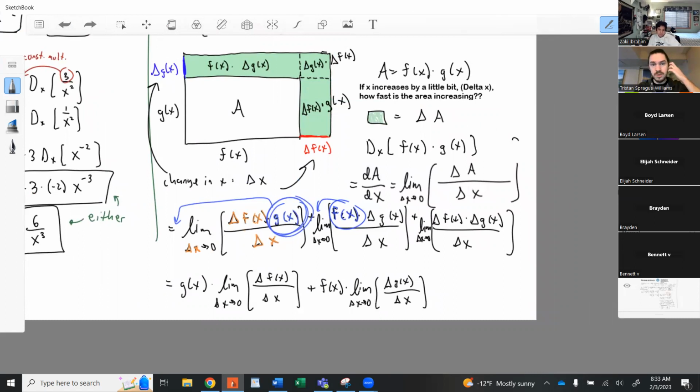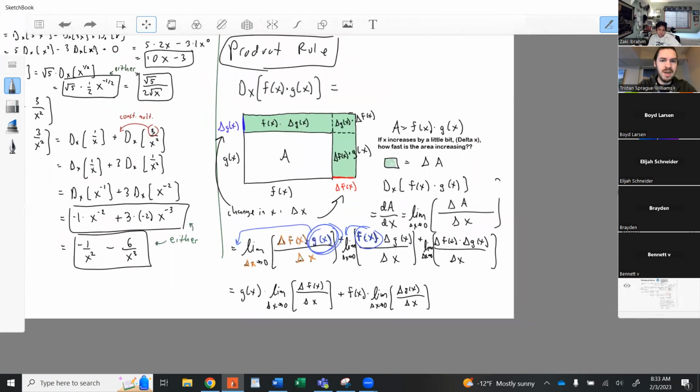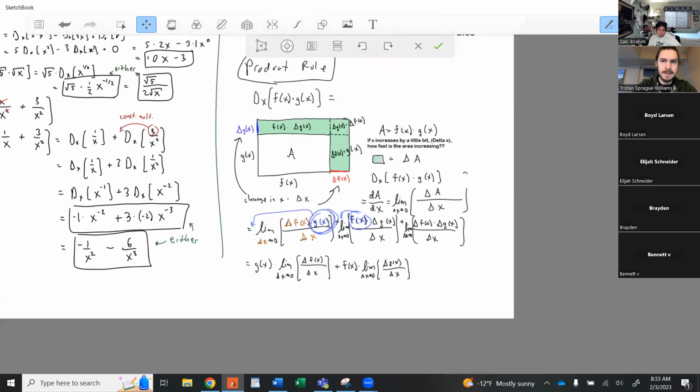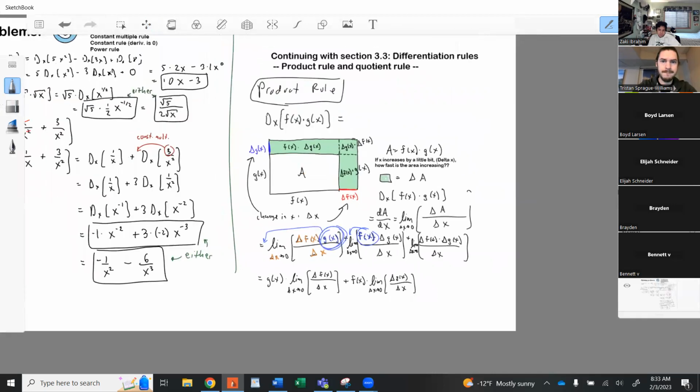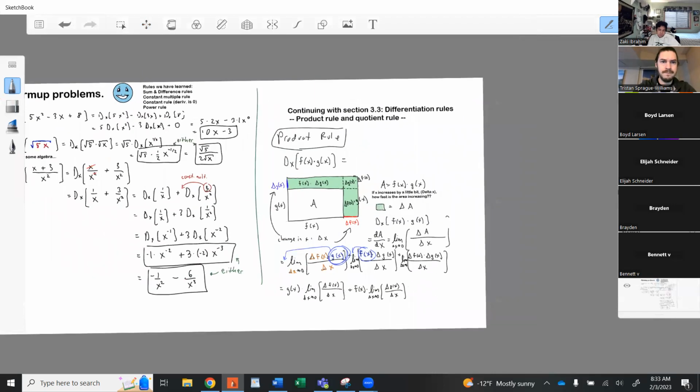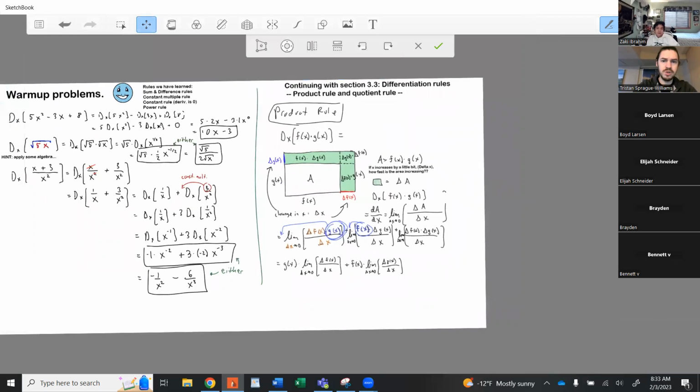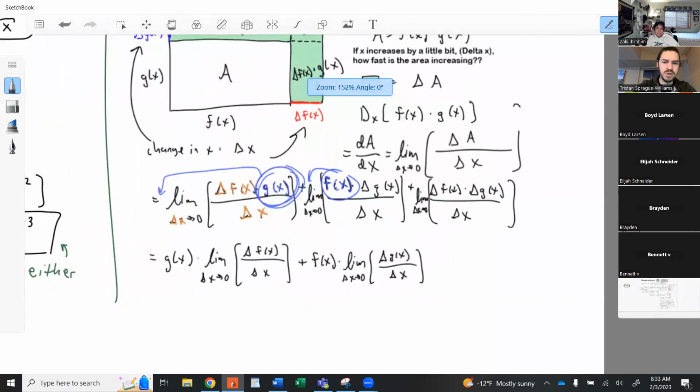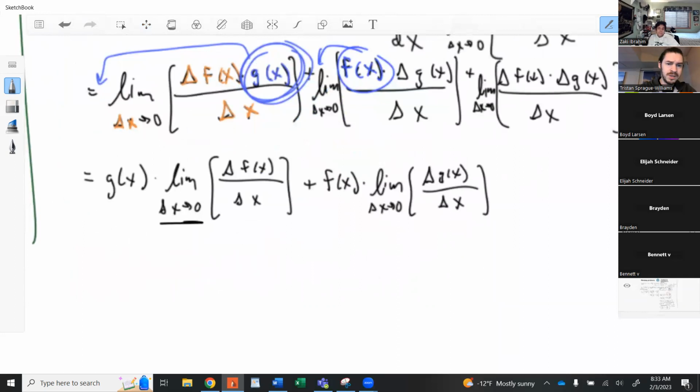Because what we're going to do is say everything's approaching 0, right? Not everything's approaching 0. What I meant to say is that delta x is approaching 0, right? Delta x approaching 0, delta x approaching 0. What I get here is just the derivative of f.